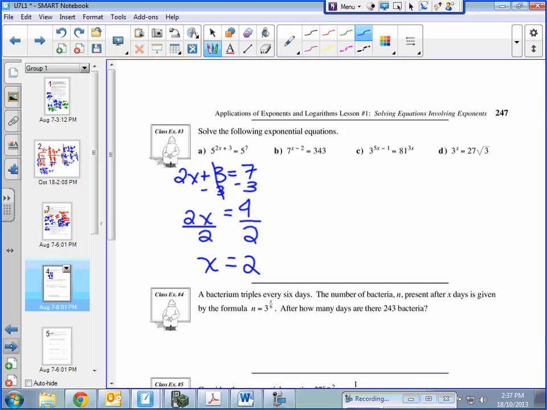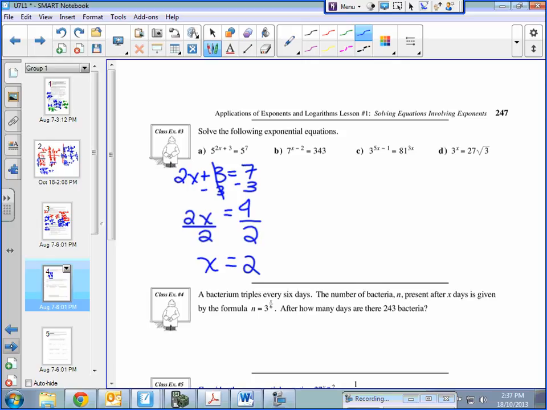Okay. 7 to the x minus 2 equals 343. I have different bases here. Can I change bases? Yeah. Everyone just knows this: if I ever ask you a question like this, you will be able to write this with a base of 7. 7 to the 2.